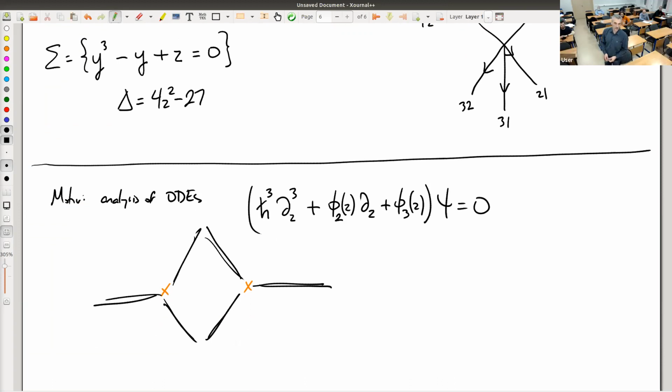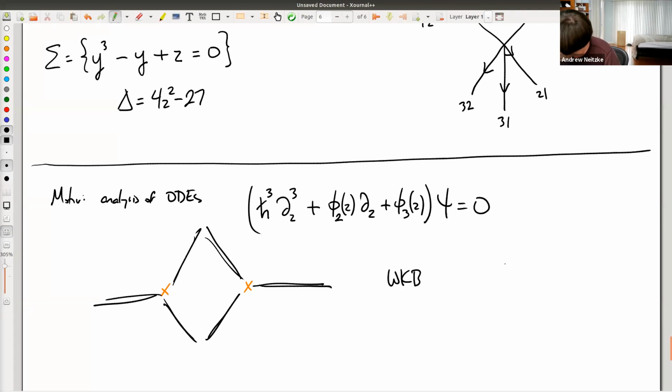Could you recall, please, what the abbreviation WKB stands for? Yeah. I'm afraid I might not spell their names correctly. It's Wentzel, Kramers, Brillouin, the names of some physicists who were using this method to study differential equations.